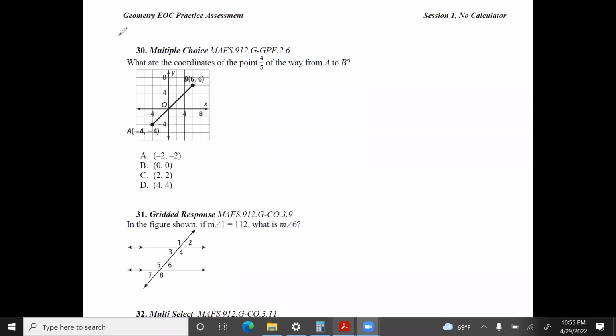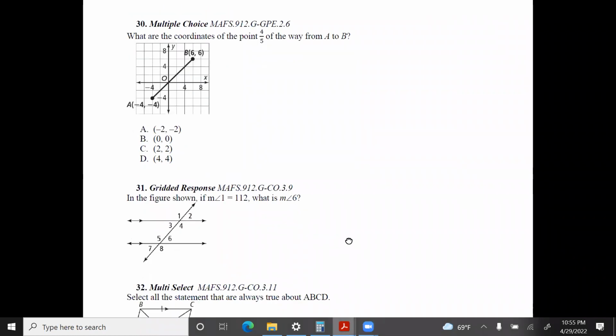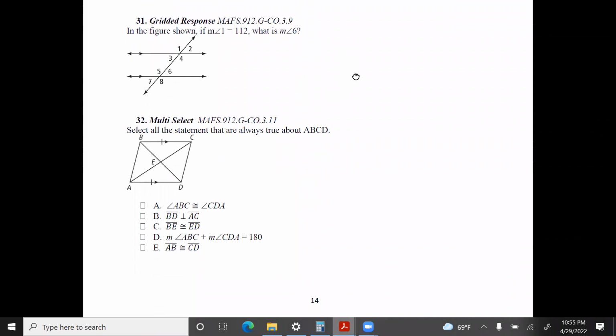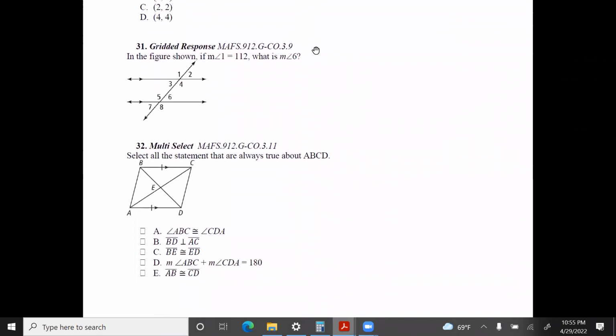All right, let's move this up. All right, on 31. In the figure shown, if the measure of angle 1 is 112, what's the measure of angle 6?